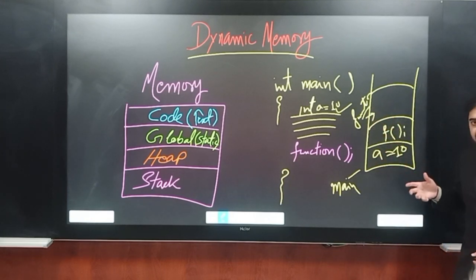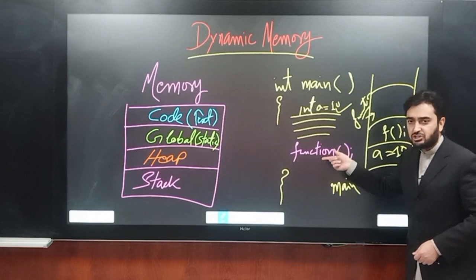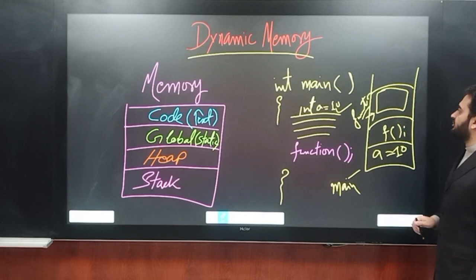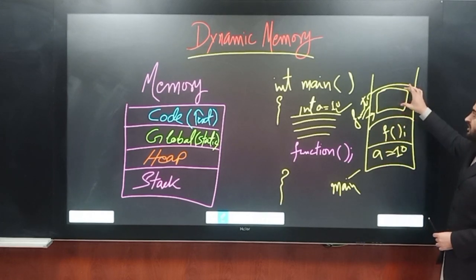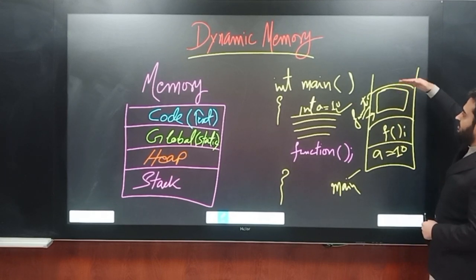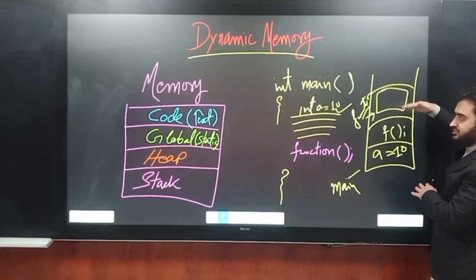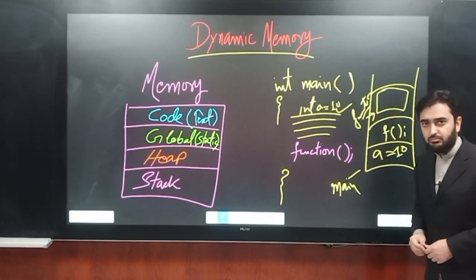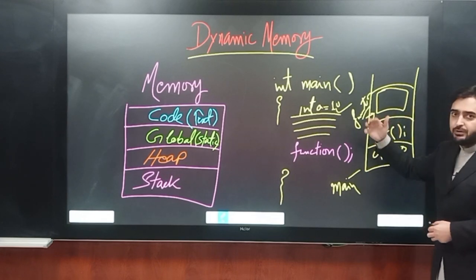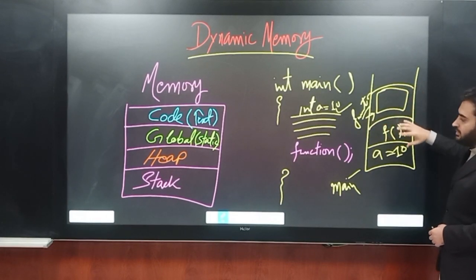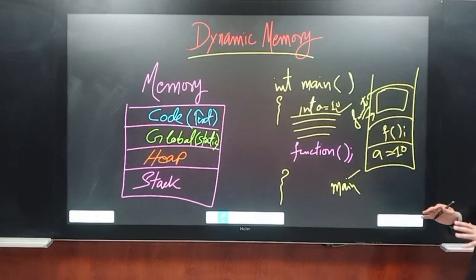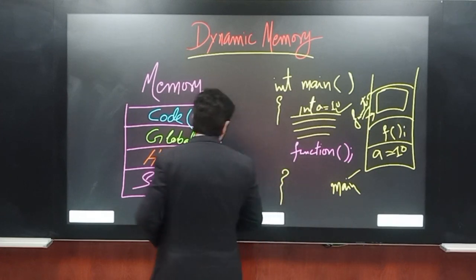Any other declarations that have been done in the function definition will be reserved and located inside this place of the stack. In this manner we are creating and increasing the size of the stack by pushing items inside it, and these items will be popped out once the execution of each item is completed. Okay, so this is how the stack is managed inside the memory by the processor.